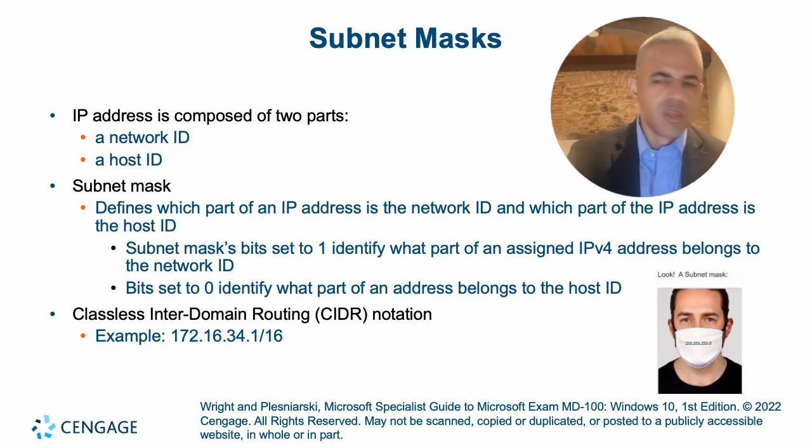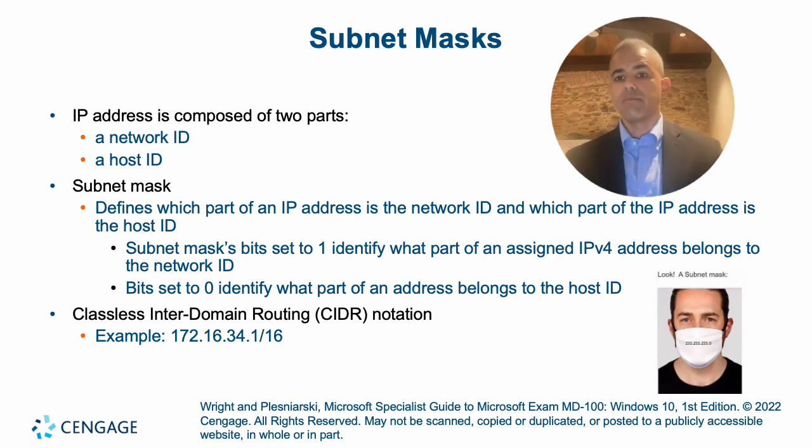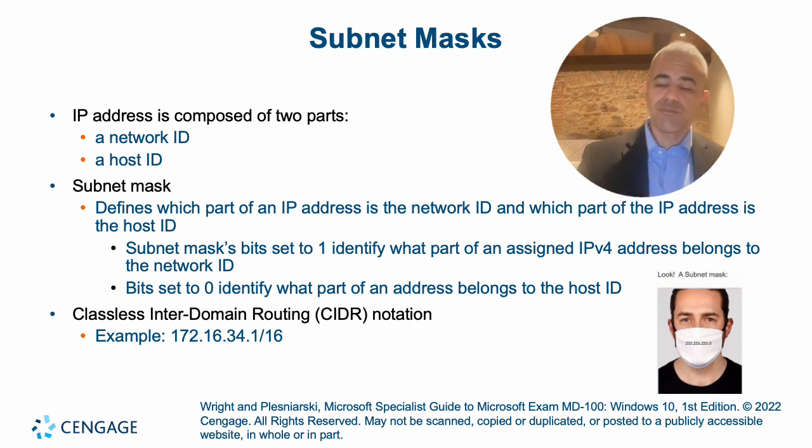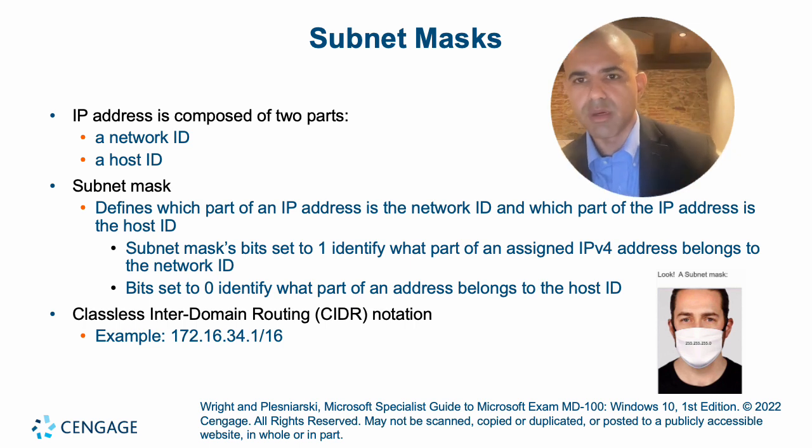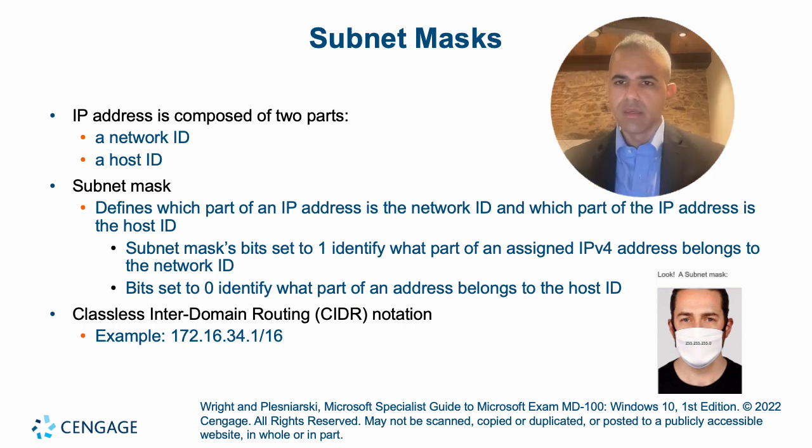So, for example, if you like cars, give me a car, a BMW. The BMW lets me know that I am buying a vehicle from BMW. The model of the vehicle, a BMW M3 or M4, tells me what specific version of the BMW I am buying. So what is the company and what is the vehicle? That's what a subnet mask allows us to do.